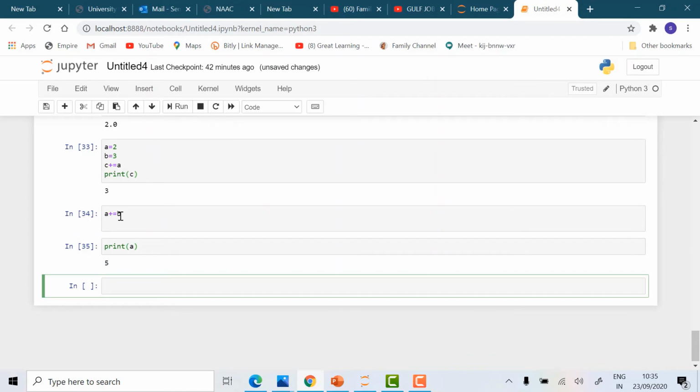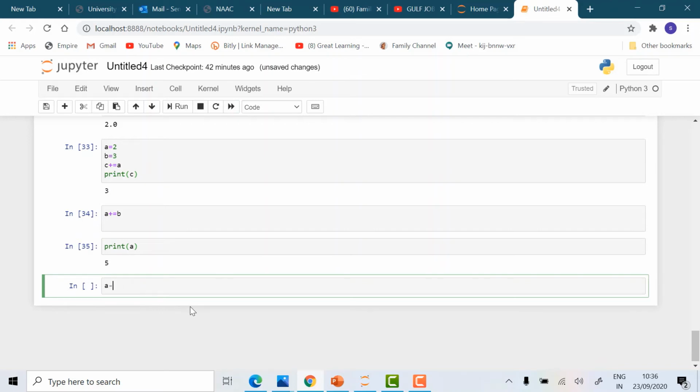A plus equal to B means A equal to A plus B, so 2 plus 3 is 5. So that is the assignment operator. Remember, A plus equal to B means A equal to A plus B. You have to add: A plus B is 2 plus 3, 5.